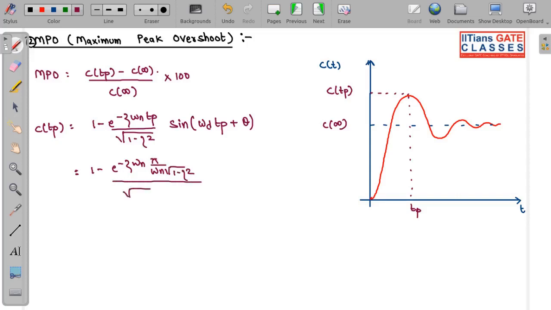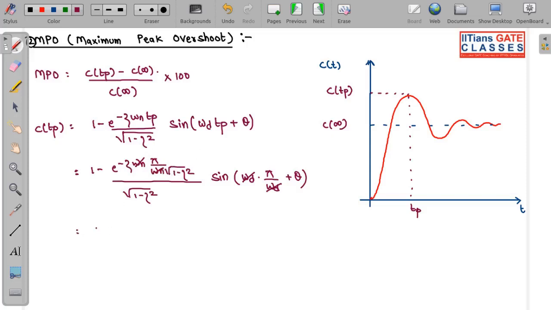So sine of omega d into Tp will be pi plus theta. Omega d cancels, omega n cancels, so this is zeta pi by under root of 1 minus zeta square.